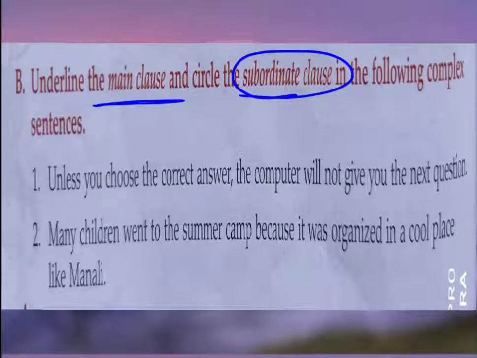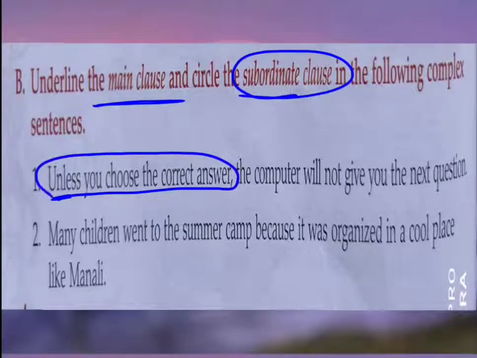And in a subordinate clause, subordinate conjunctions are also used, like unless, because, although. So here unless is already used, so it's a subordinate clause, and we have to circle it. Unless you choose the correct answer is the subordinate clause. The computer will not give you the next question is the main clause.